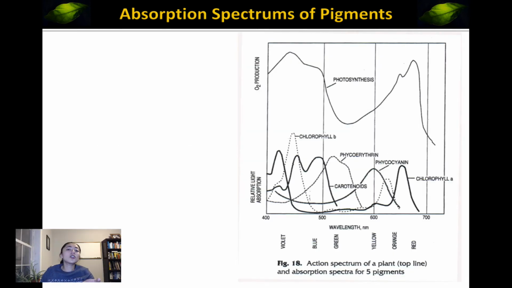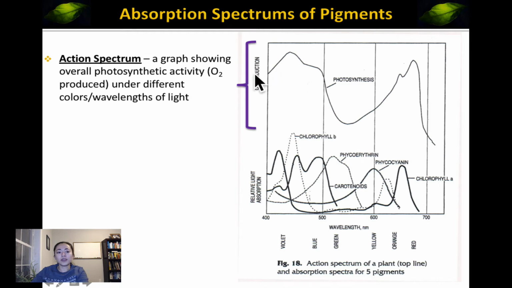We can look at how well each pigment can absorb different wavelengths of light by looking at what is called an absorption spectrum. The top of this graph is showing an action spectrum. This is a graph showing the overall photosynthetic activity, or amount of oxygen produced, under different wavelengths of light.